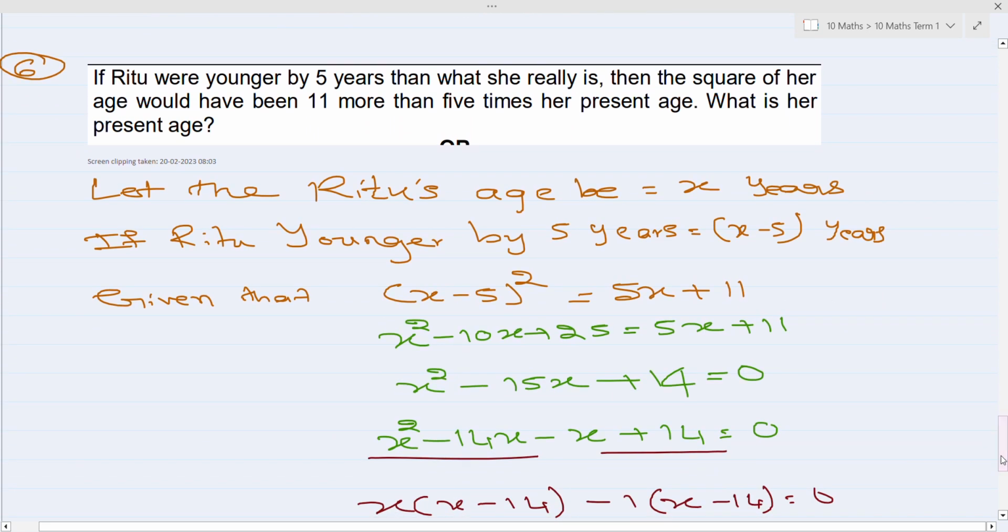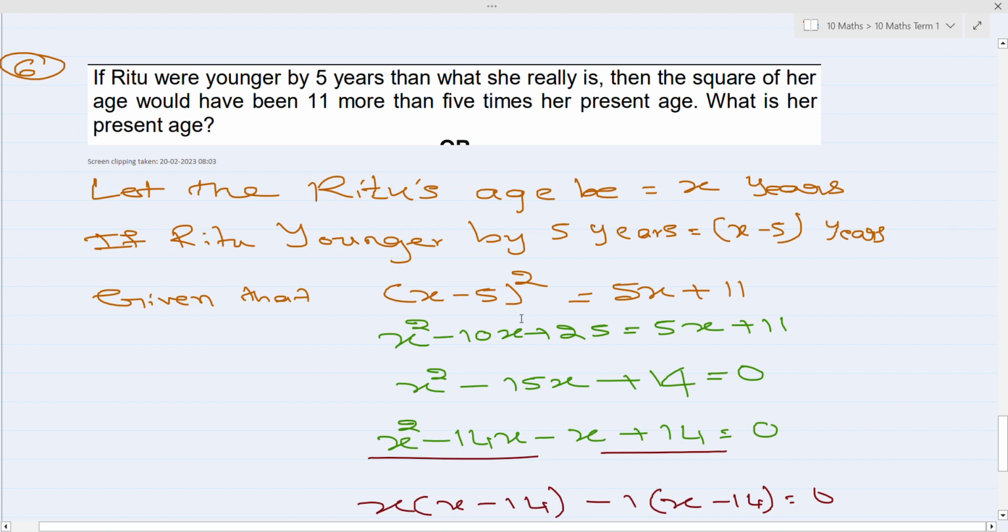Moving on to the next question. If Ritu were younger by 5 years than what she really is, then the square of her age would have been 11 more than 5 times her present age. Let Ritu's age be x. If Ritu is 5 years younger, the age becomes x minus 5 years.